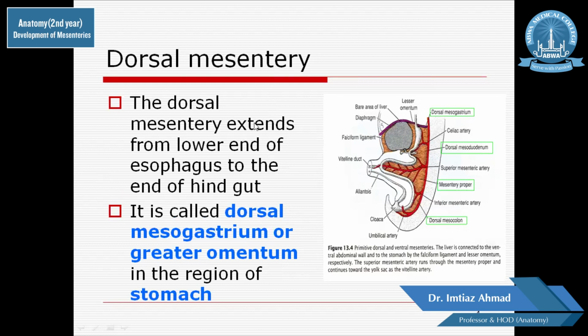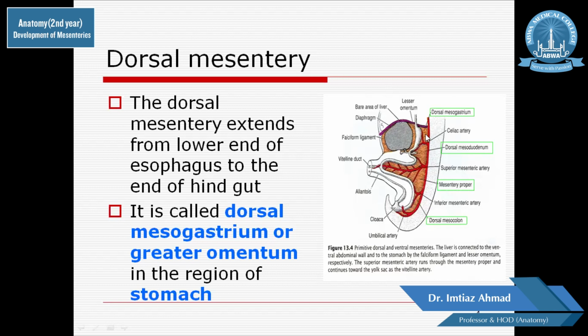So what is the extent of the dorsal mesentery? From where to where does it extend? This picture shows, just below where the diaphragm is formed and the esophagus is there, the gastrointestinal system starts from here, the midgut loop, the hindgut.